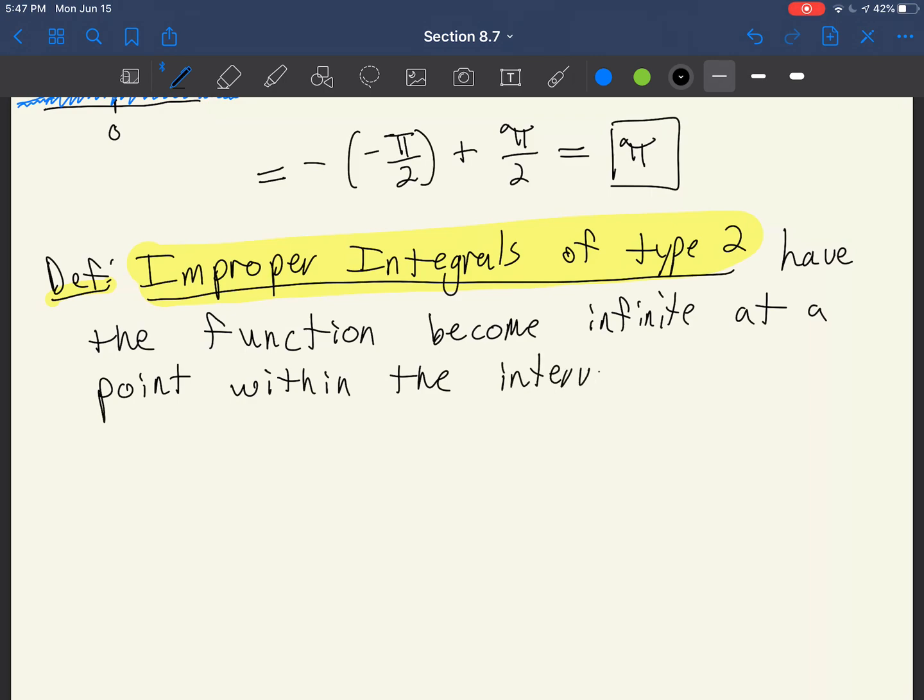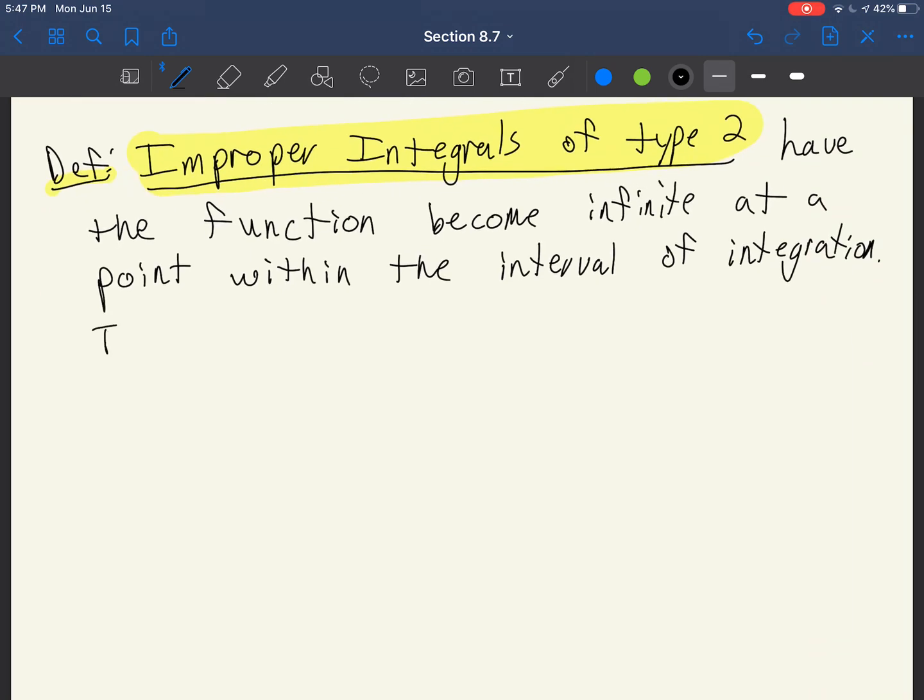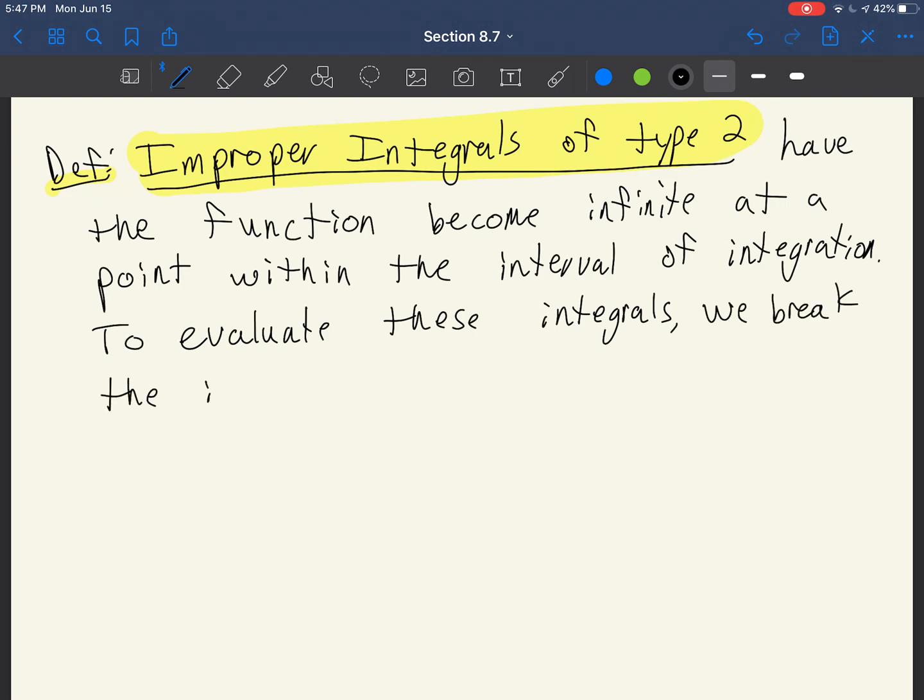And the point has to be within the interval of integration, or else we don't care. To evaluate these integrals, we break the interval over the problem point.